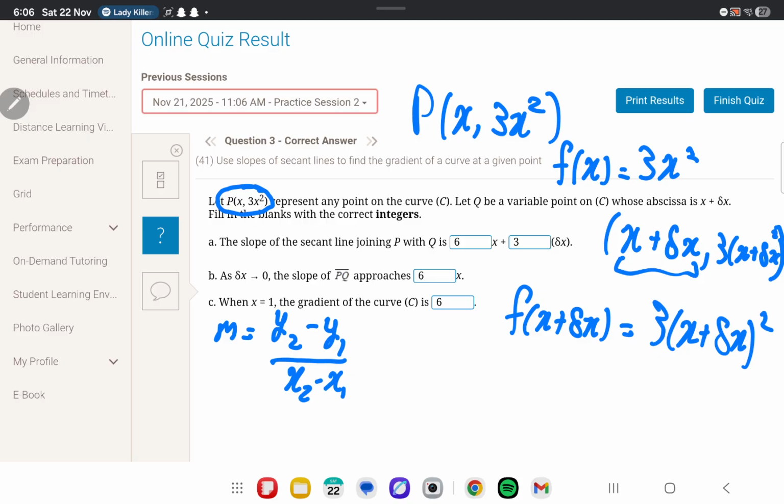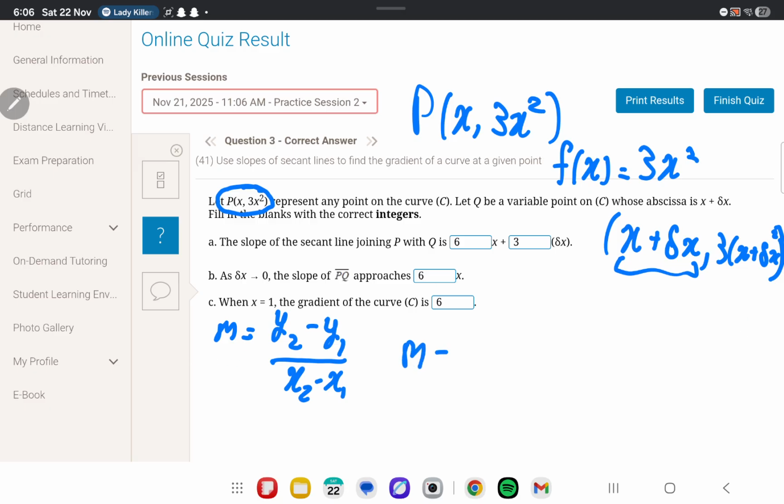Now we're gonna use the definition of the gradient, the slope. So m is equal to y2 minus y1 over x2 minus x1. Let P be x2, y2, and Q will be x1, y1. Doesn't really matter, it's still the same value. Actually, for simplicity, because this one we're gonna have to expand it, Q is x2, y2, and P is x1, y1.